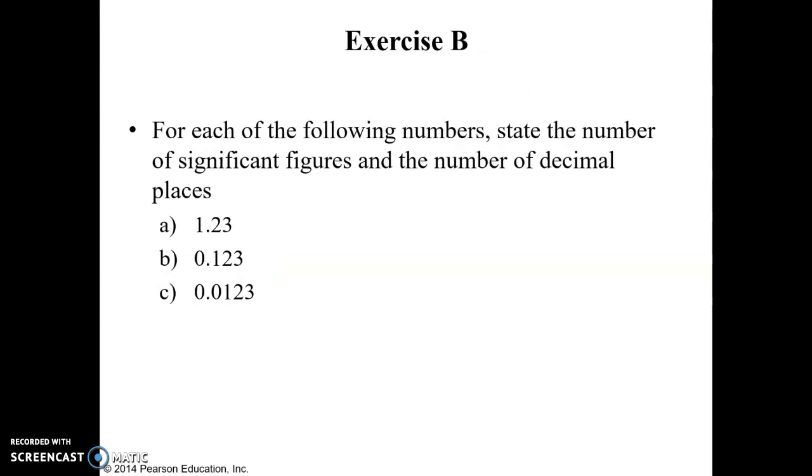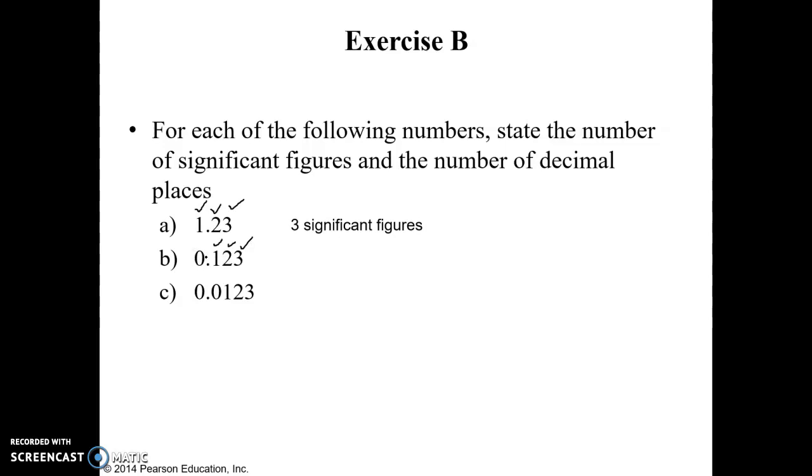All right, let's quickly state the number of significant figures. 1.23: this one's pretty easy, they're all non-zero, so the 1, the 2, and the 3 are all significant. So that's 3 significant figures. Over here we have 0.123. So the 1, the 2, and the 3 are significant. What about this 0?